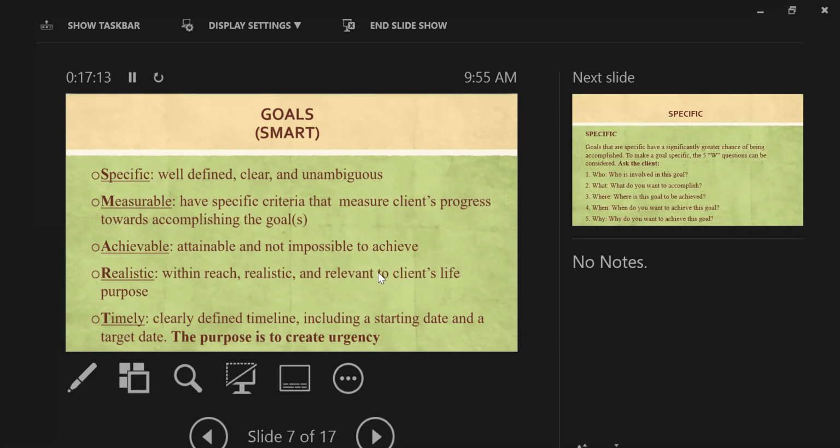That the goals are achievable and realistic and timely, with a clearly defined time, including a starting and a target or end date. The purpose is to create urgency and value, and also accountability for the clients.